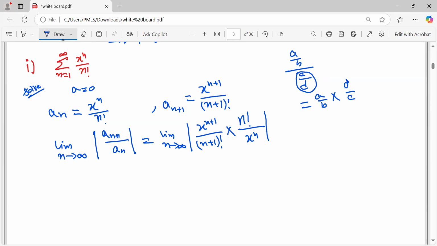I did the same here. We have a division form, where you can consider a over b as this and c over d as this, so I directly took the reciprocal of the second expression.